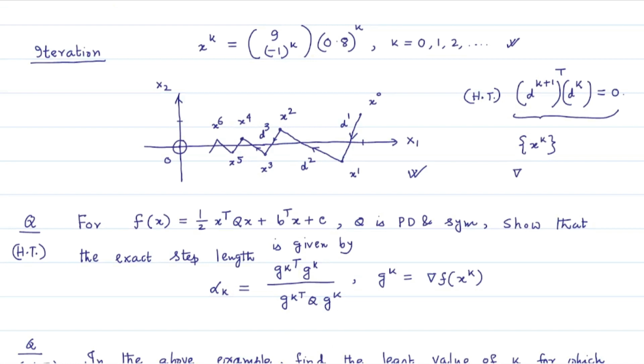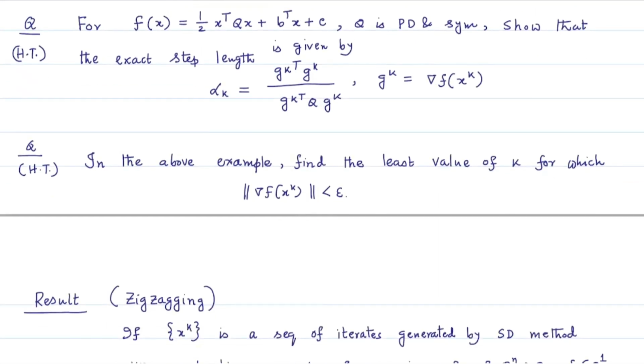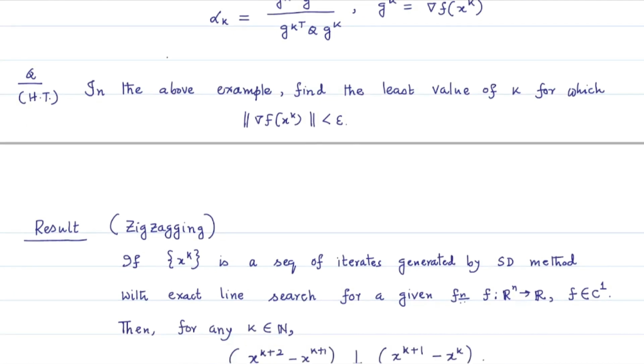So although this is a quadratic function of two variables, the steepest descent method required more than two iterations to reach a stationary point, and therefore the steepest descent method does not have the quadratic termination property.